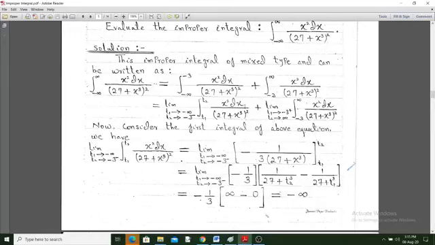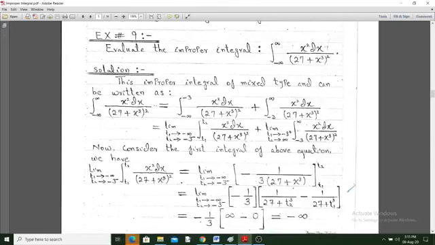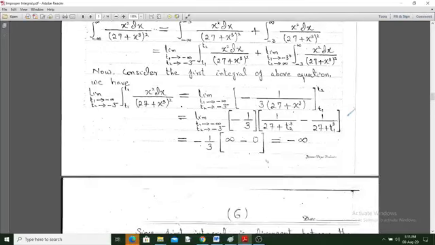Let's now evaluate these two integrals separately. If any one integral is infinity or divergent, then the given integral is also divergent. To evaluate the first term, I write it again, then I integrate, we get this term, and then I put the limits t1 and t2. Now put t1 tends to minus infinity: this becomes 1 over infinity, and this term is 0.